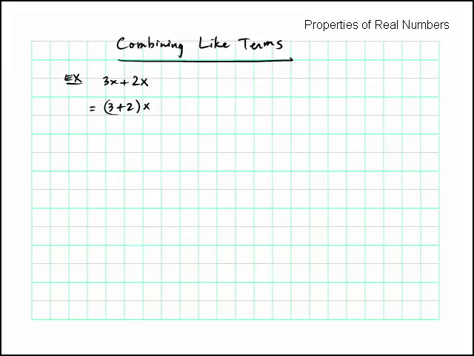Notice that if I distribute the x in, that would be 3x plus 2x, which is what I have above. Now that's 5x. So 3x plus 2x is 5x. I usually don't show this step in the middle. We usually just add 3x and 2x to get our result 5x.